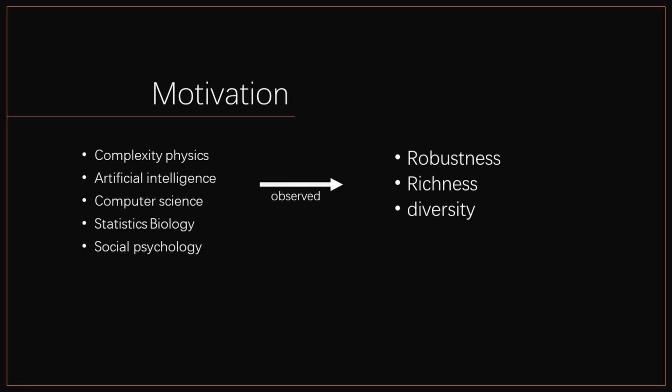The reason why we need to build the taxonomy for the EBS is that complexity physics, artificial intelligence, computer science, statistics, biology, and social psychology, as well as some other disciplines, are rapidly converging upon a common observation: as analysts and designers further explore their systems of interest, it is becoming clear that the robustness, richness, and diversity observed in both natural and man-made complex systems is more than the simple sum of the components.